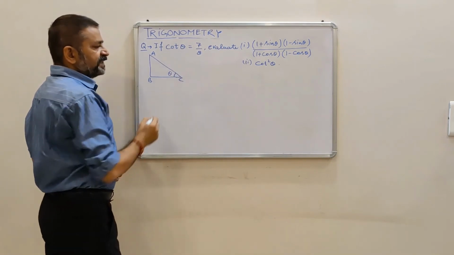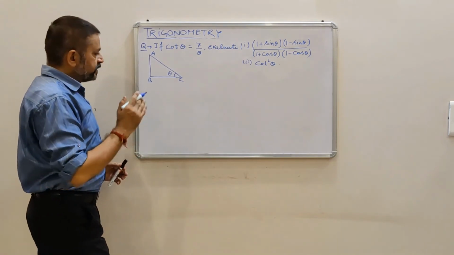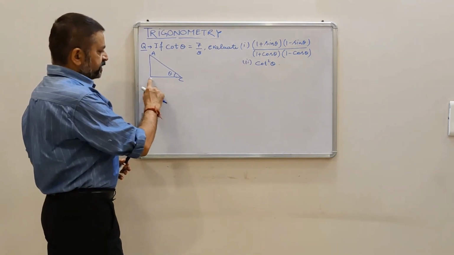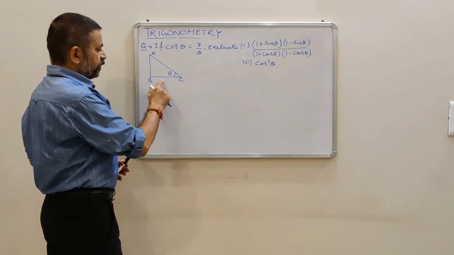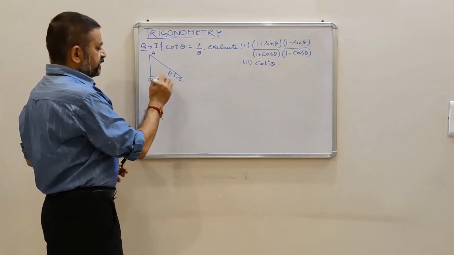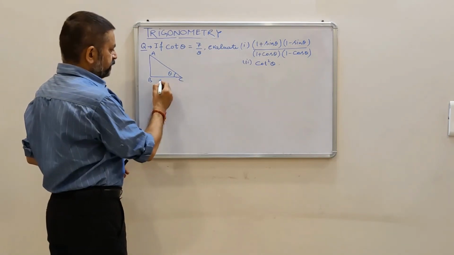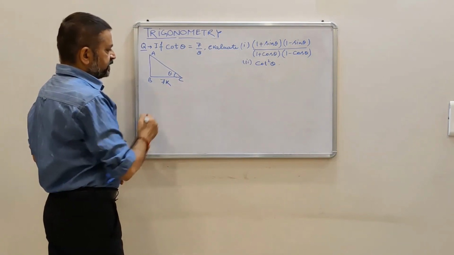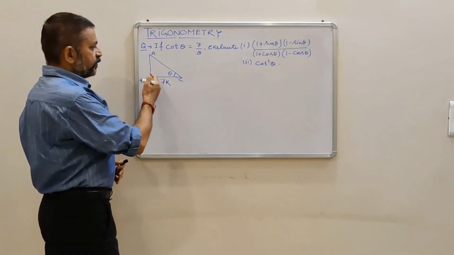What is cot theta? Cot theta is base, that is BC, upon opposite, the reciprocal of tan theta. Adjacent is 7, so I am considering it as 7k. Opposite is 8k.